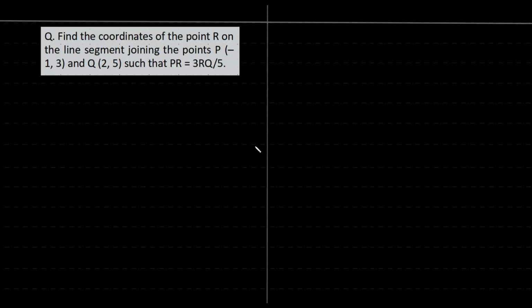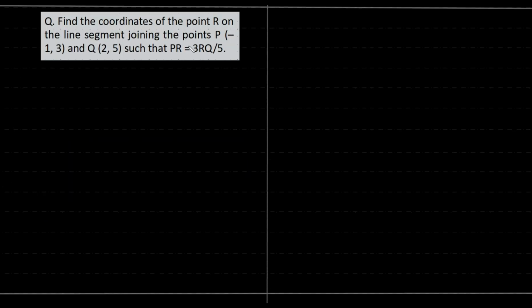So the same question, if you look carefully, it's the same question. You can pause back and forth, you can look, it's the same question. But what is different? The only thing that is different. If not that, the question is the same. Yes, in place of PQ, we have RQ. So the question is something like this.